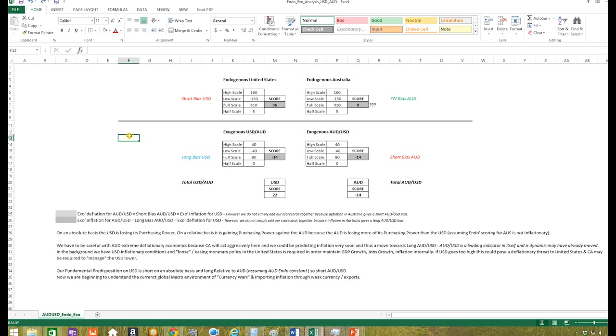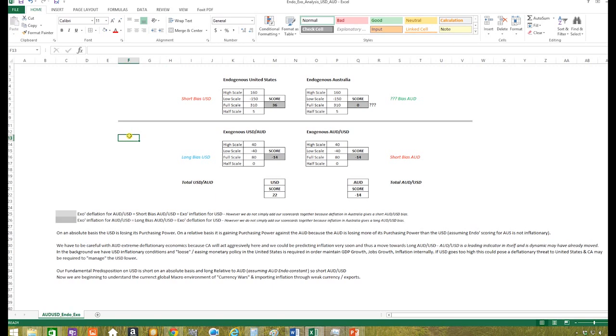So when we use the phrase pass the parcel, it basically means whose turn is it to manage their currency lower, because growth is not coming from the economies themselves structurally. A lot of the growth globally in the United States, Europe, Japan, Australia, Asia is coming from currency management.